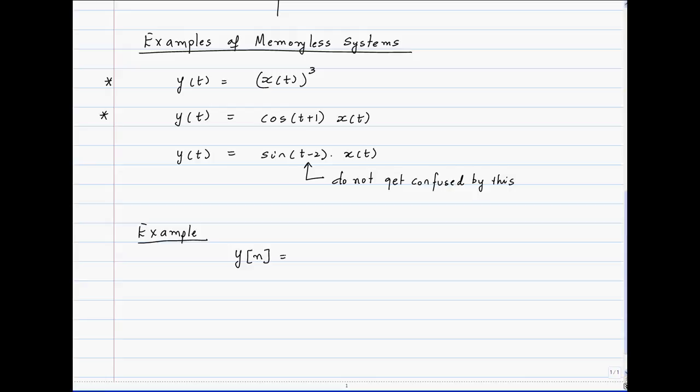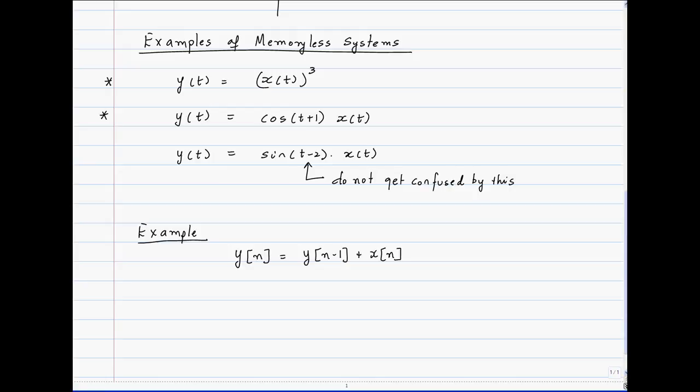Suppose I had the system y of n is equal to y of n minus 1 plus x of n. Now if you look at the system just as it is, you may think that y of n depends only on x of n.